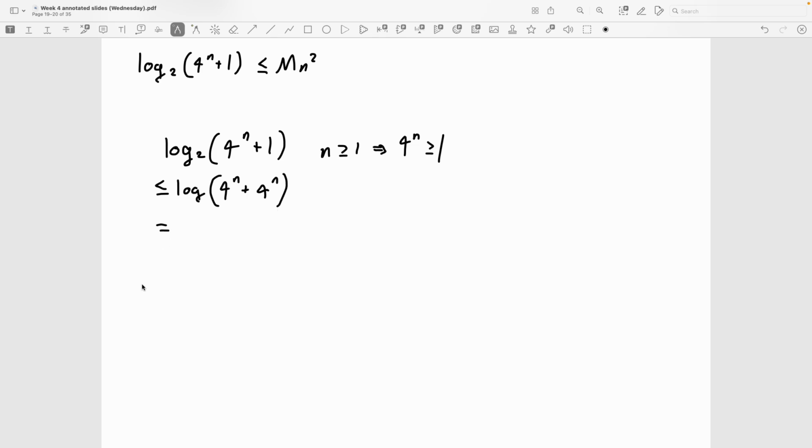And then we're just going to manipulate some logarithms. Four to the n plus 4 to the n is 2 times 4 to the n. We use the log law for multiplication turning into addition.